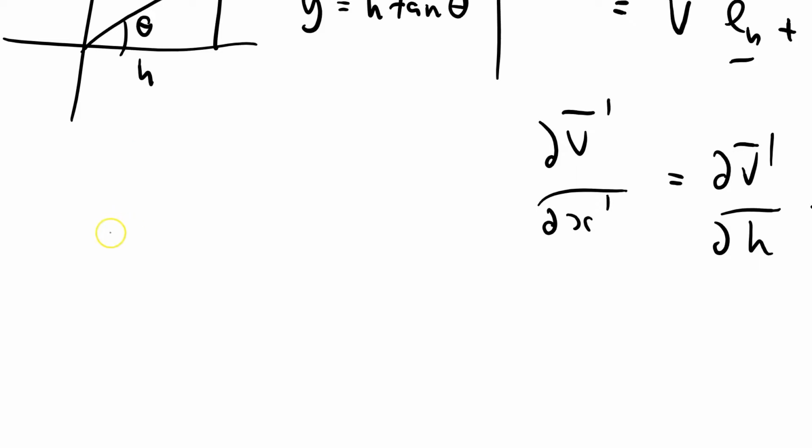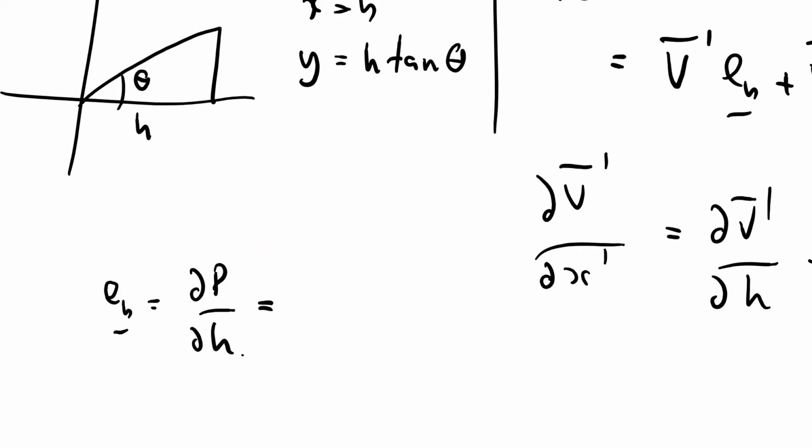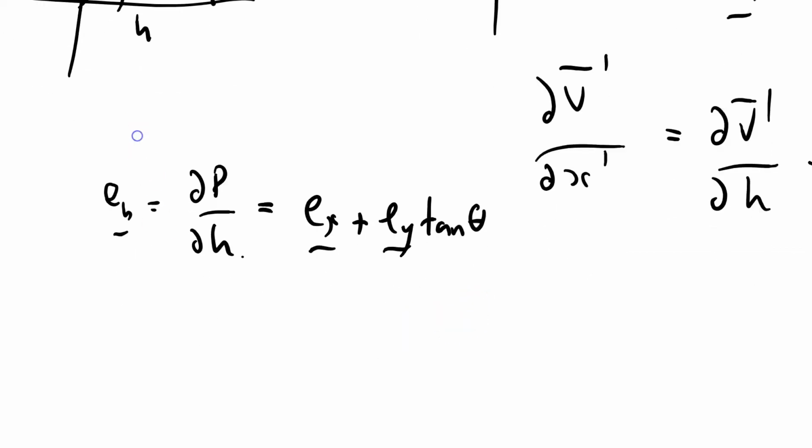Let me just remind myself what my basis vectors are. e_h equals ∂P/∂h. So what happens to my point there when I change h but I don't allow theta to change? It goes up there. That's going to be e_x plus however far you've gone upwards, e_y tan theta, which I've done zillions of times.